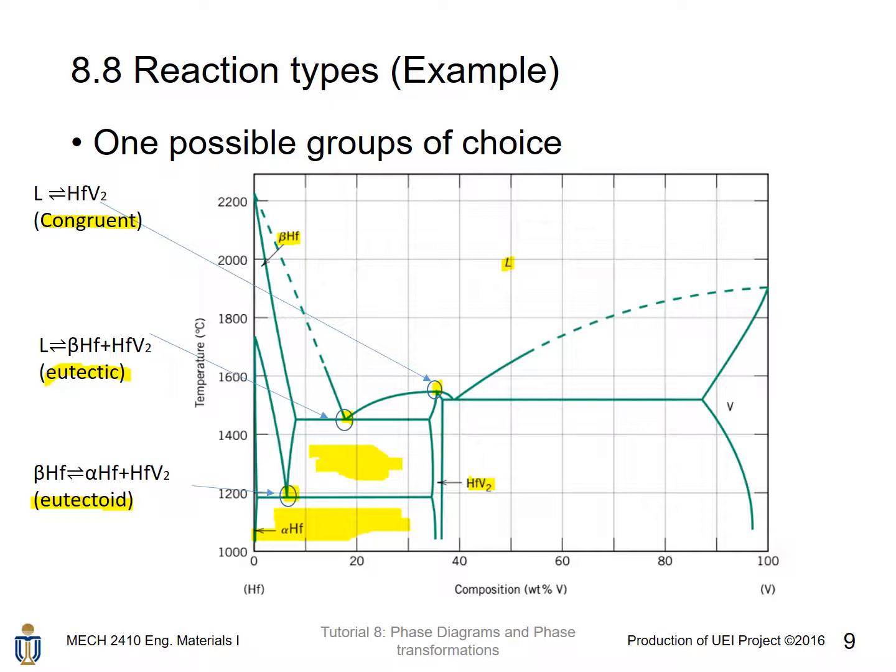But using an argument similar to what I just mentioned, to the left of this region it is the alpha hafnium solid phase, and just at the right of this region it is the hafnium vanadium 2 phase region, and therefore they are all solids, and by definition this is the eutectoid reaction.